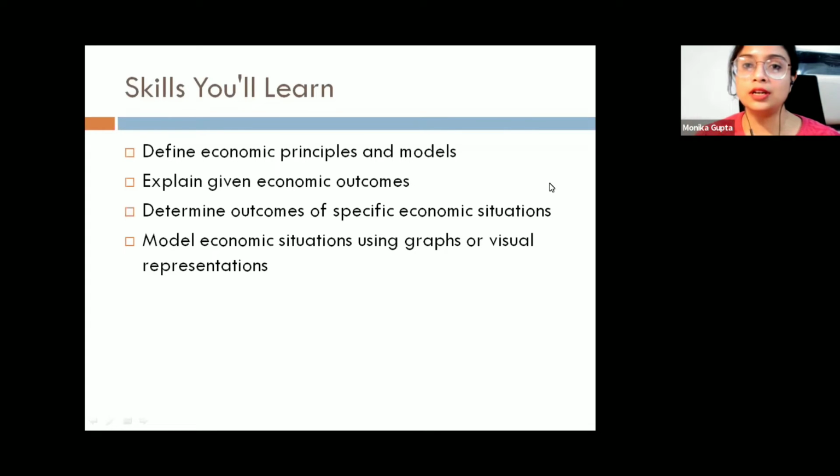Now the third point is specifically based on the FRQs, because in the free response questions, they're going to give you a hypothetical situation, created for a certain economy, and then ask you questions on the basis of it. Let's say they have given you a specific economy with an inflationary gap. To remove that gap, which policy should be applied by the government or by the central bank?